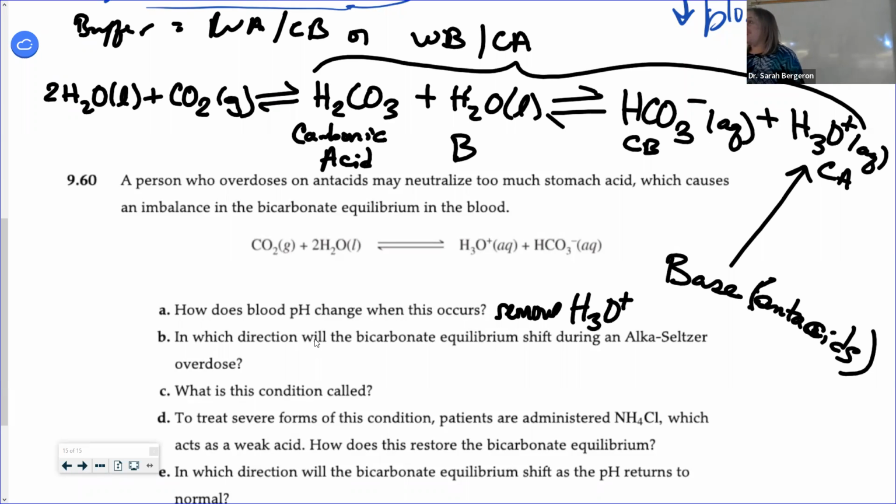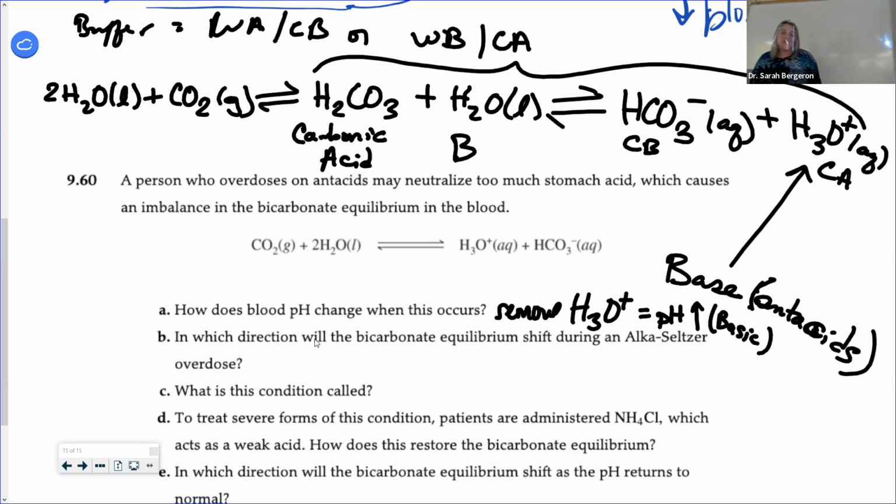H3O plus. This is what gives you really low or really high pHs. So if we take away H3O plus, what's going to happen? Will pH go up or go down? Will you become more basic or more acidic? You become more basic, so your pH goes up. It's a base.